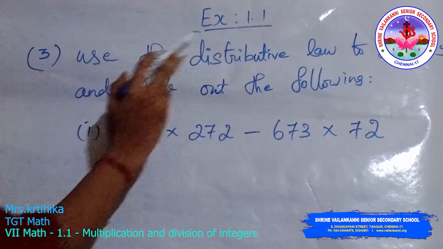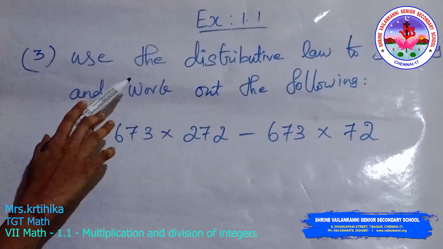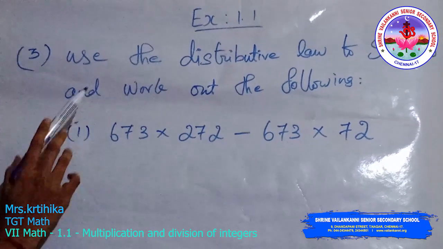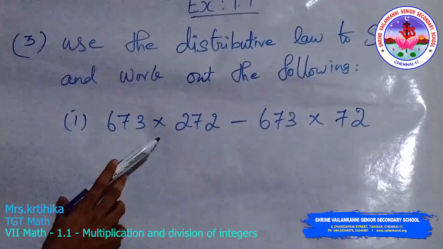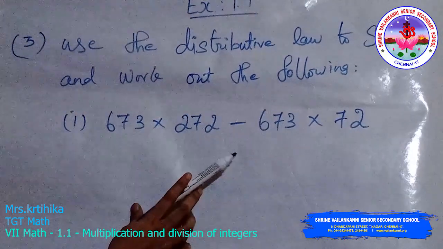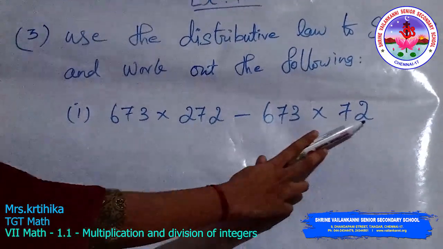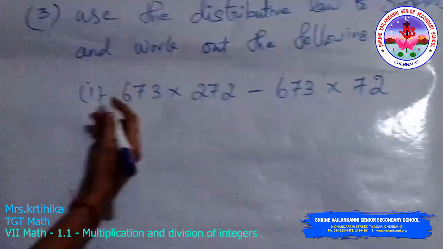Exercise 1.1, third question. Use the distributive law to simplify and work out the following. First question, 673 into 272 minus 673 into 72. First write the distributive law.